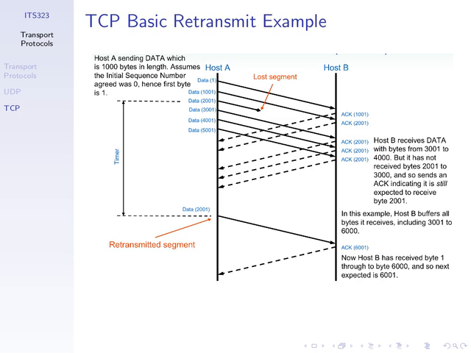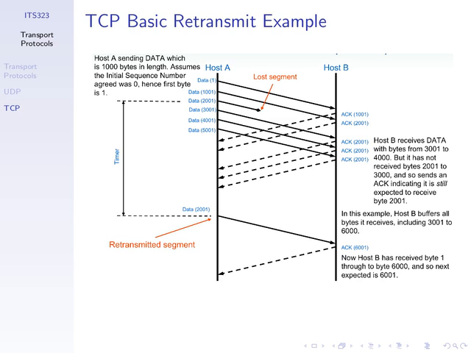So we start the timer at each segment. This timer will be cancelled because we receive an ACK. The timer for this segment will be cancelled because we receive an ACK. The timer for this segment will eventually time out, that is, will reach the maximum value. That triggers A to say, okay, the third segment containing 2001 must have been lost. Therefore, I'll retransmit that segment.